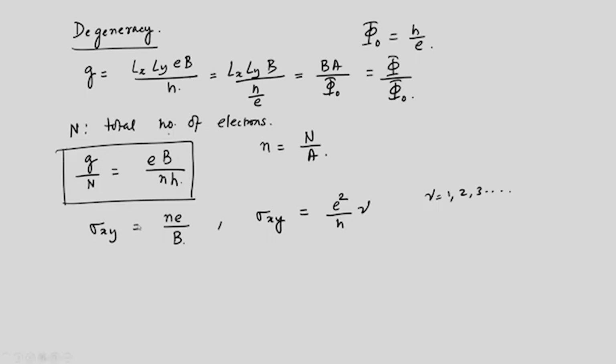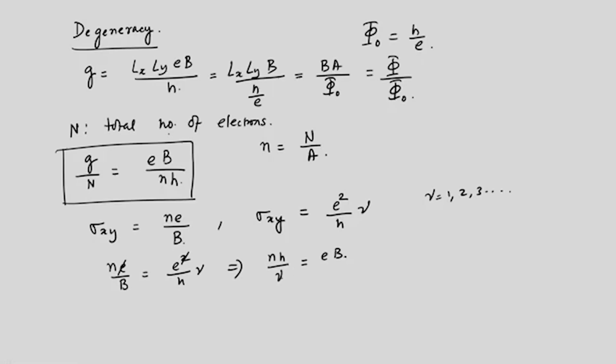So if I equate, because both of them are the same, so it's Ne over B is equal to e square over h into nu, and so one e cancels, and I can write this as N over B h over nu equal to e, and so on.